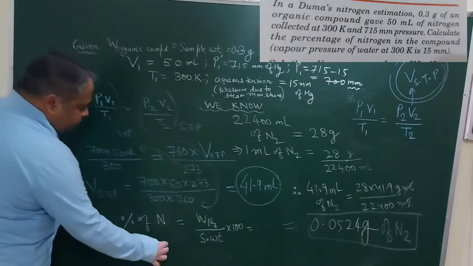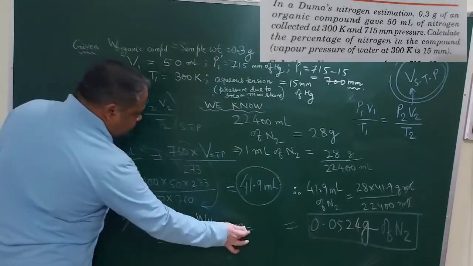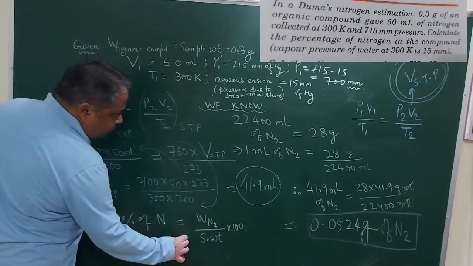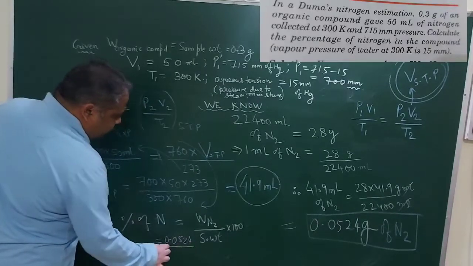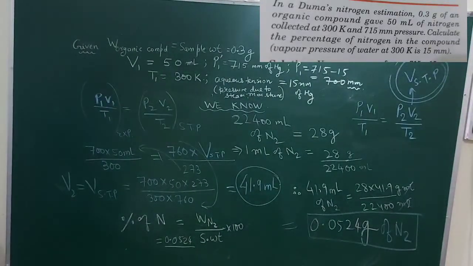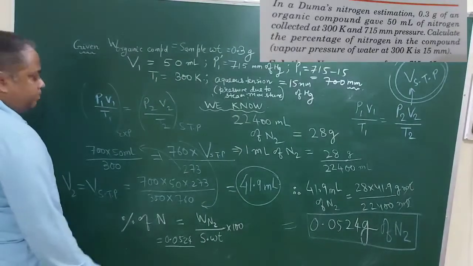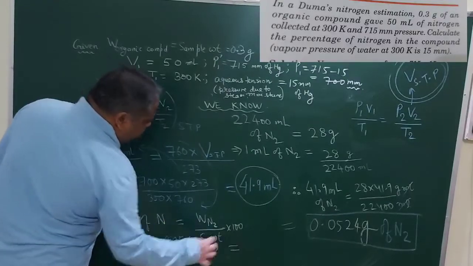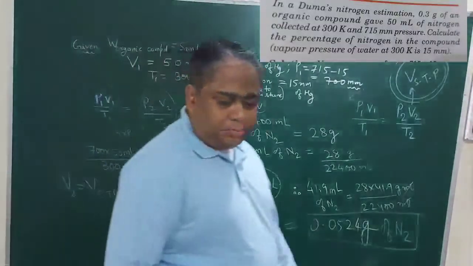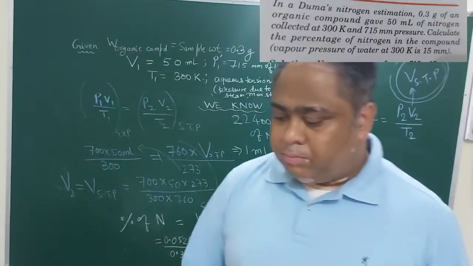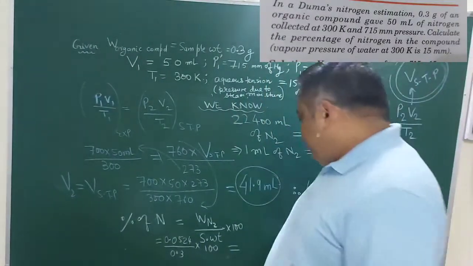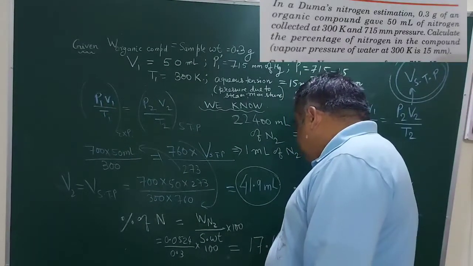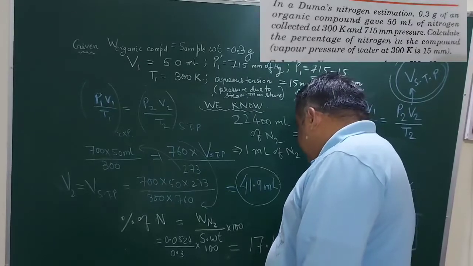This will be equal to 0.0524 divided by sample weight, which was 0.3, into 100. This will be equal to 17.46 percent.